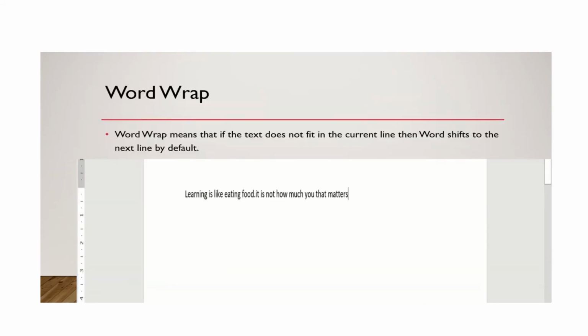Children, you can see over here that if the text does not fit in the line, then Word shifts it to the next line automatically. That means you don't have to press the enter key. This feature of MS Word is known as word wrap. That means the cursor will reach the end of the line and it is automatically shifted to the next line. You will not press the enter key.